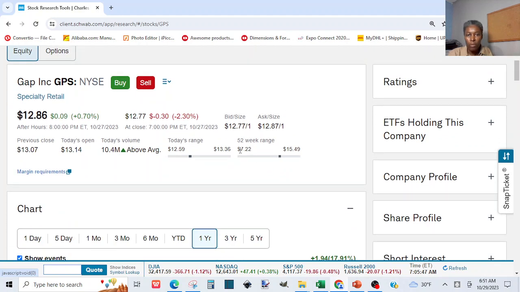You pay attention to the 52 weeks low and the 52 weeks high, $7 and $15. And while you are there recording that on your spreadsheet, see how much it's selling for. It's selling for $12.86 and it's closer to $15 than it is to $7. Therefore, if that's a good company, it is not the right time to buy.